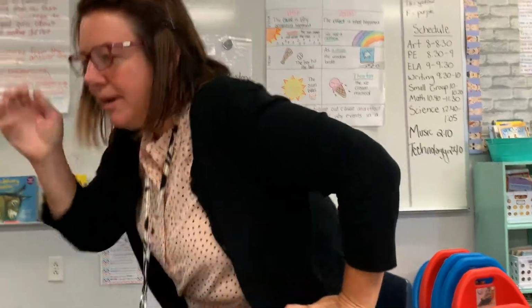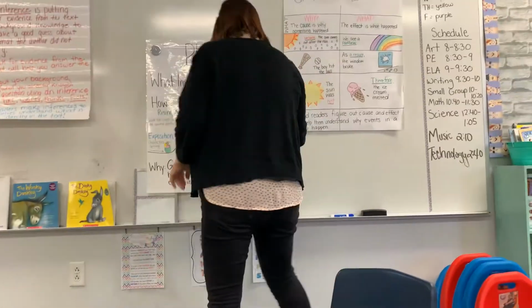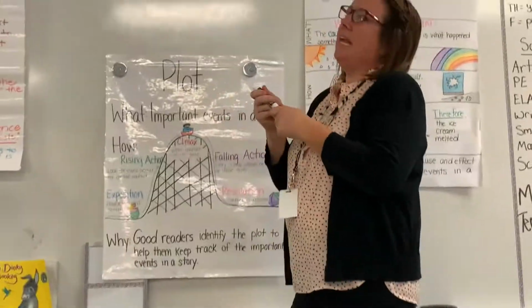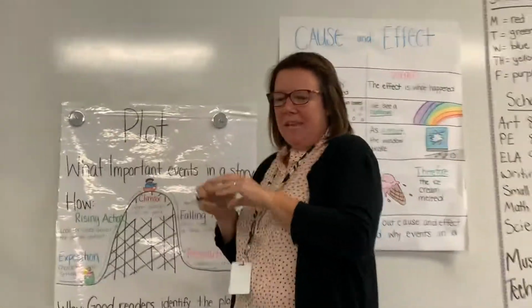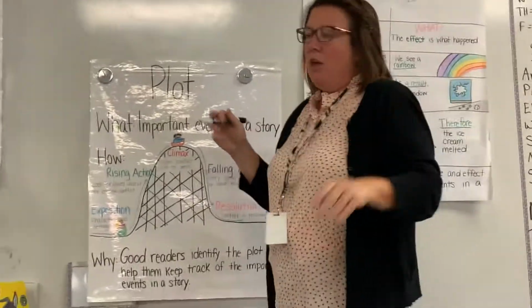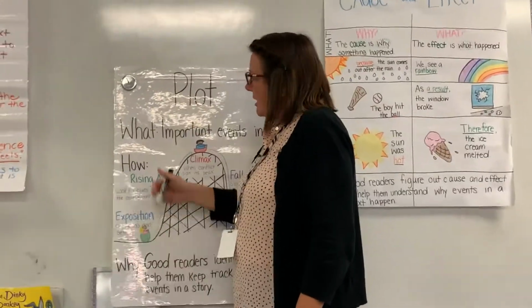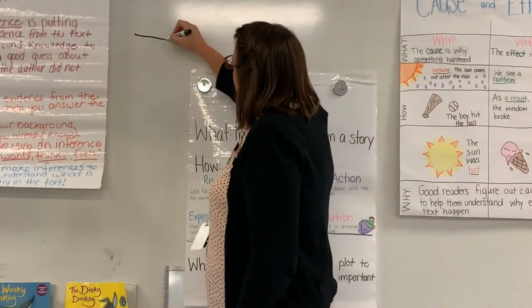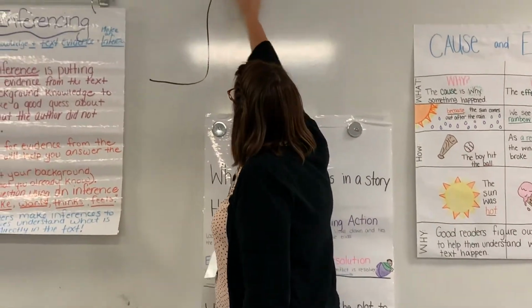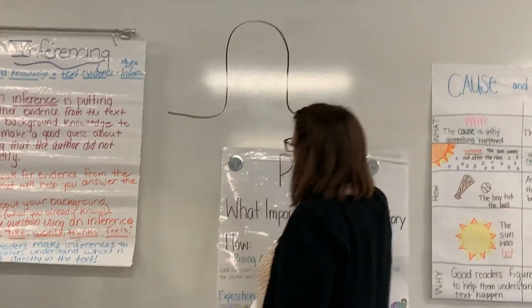Okay, we're going to stop right there for just 1 minute. I want to come up here and think about the beginning of our story. The beginning of our story that we read last week started out, and we said in the exposition, we're going to talk about the characters and the setting. So here's my map for Mr. Faulkner.